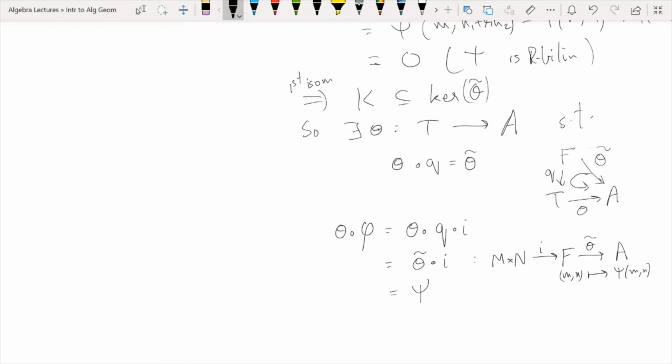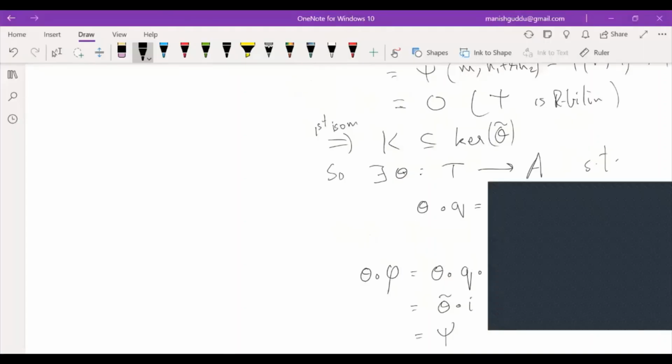You can appeal to the first isomorphism theorem itself. This theta is unique in some sense, and there exists a unique theta which makes this diagram commute. Or you can check directly that this is unique.